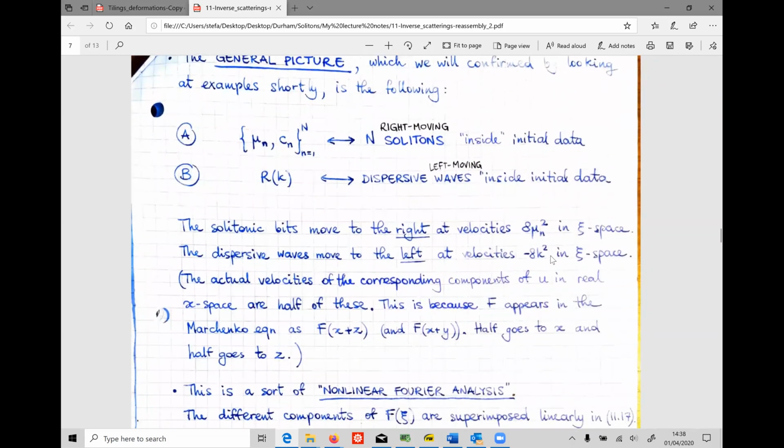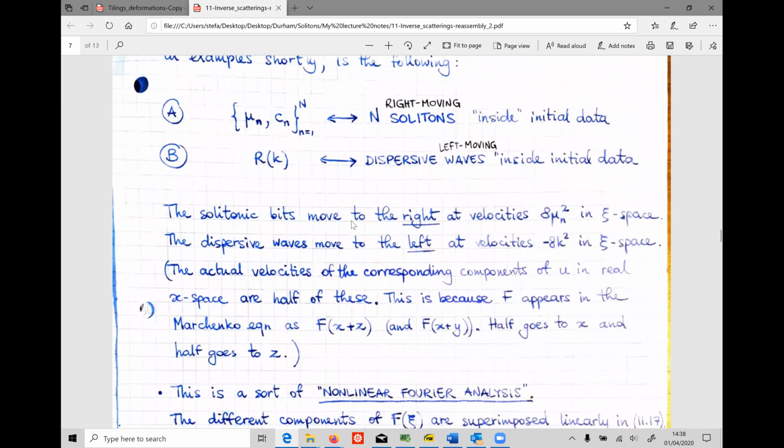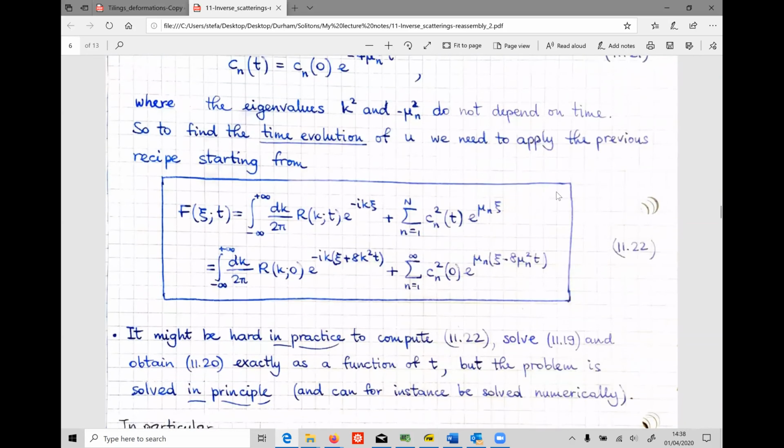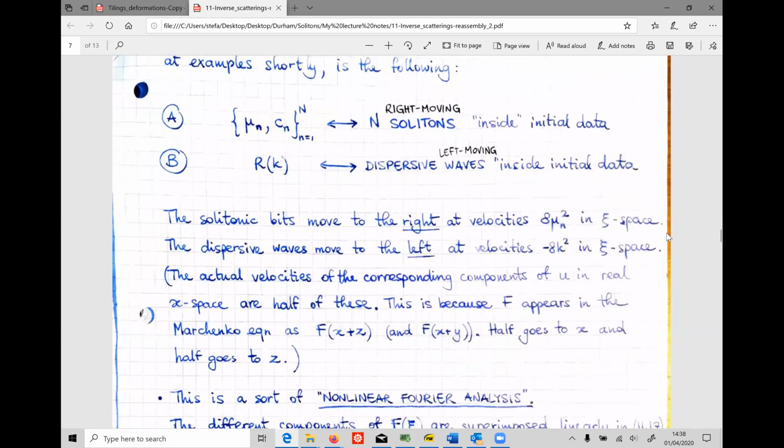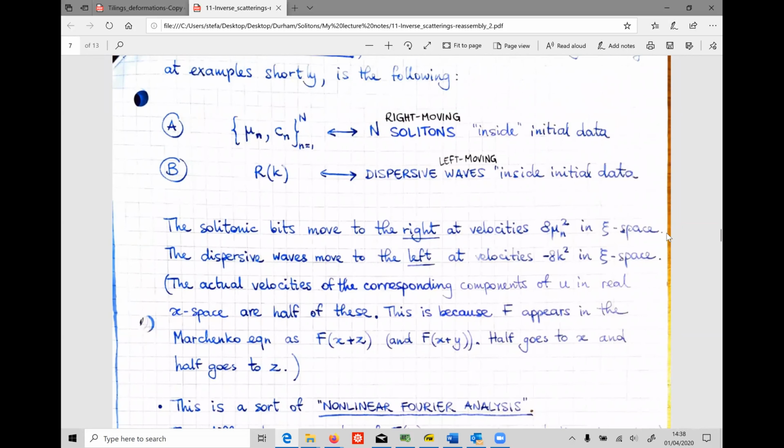So from that, we would conclude that the solitonic bits of the solution move to the right at velocities 8 mu n squared, and the dispersive waves move to the left at velocities minus 8k squared. But we actually have to be a little more careful because these are velocities in psi space, and psi was some auxiliary variable. And if you trace back what this means in terms of the actual spatial variable x and time t, it is not hard to see that the actual velocities are 1/2 of these.